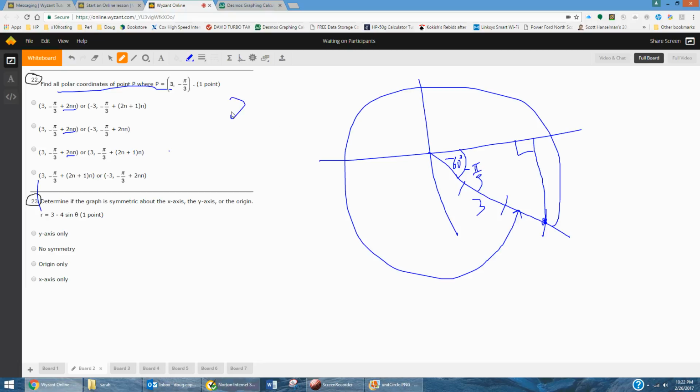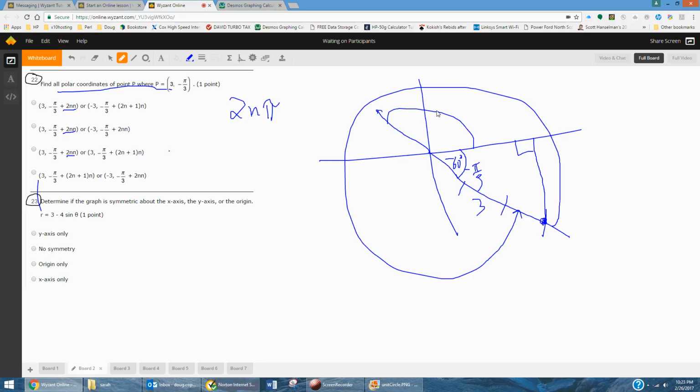That's what 2n pi means, where n is any integer, including negatives. So we can go around as many times as we want, and we'll end up right here. Another way to end up at this point is to rotate to here and then go backwards negative 3.